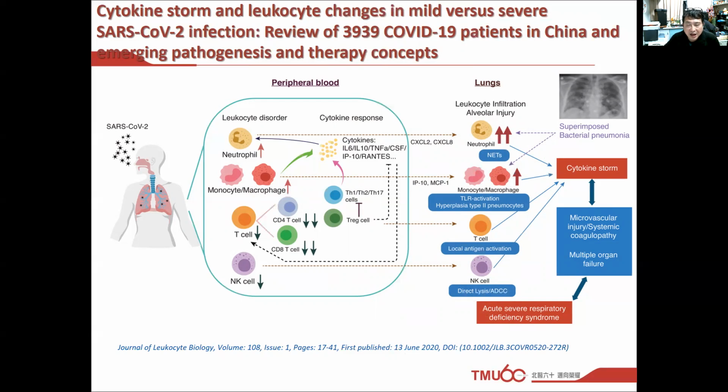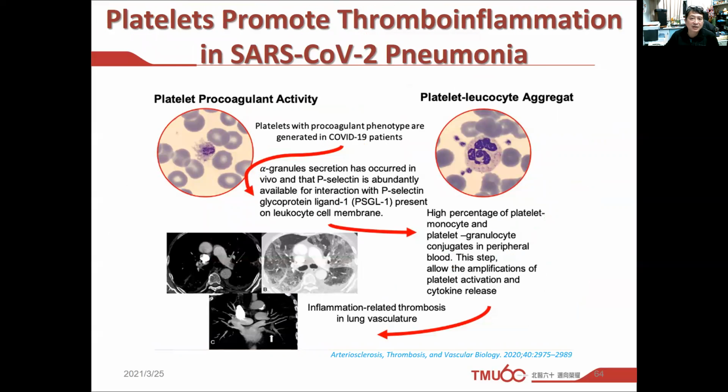They are not able to regulate their cytokine production in the neutrophils or other cells. So different thrombosis and coagulation occurs in the lung and causes cell death, and eventually develops ARDS. Okay, this slide just tells you thromboinflammation, thrombosis, is also another factor for COVID-19 patients.